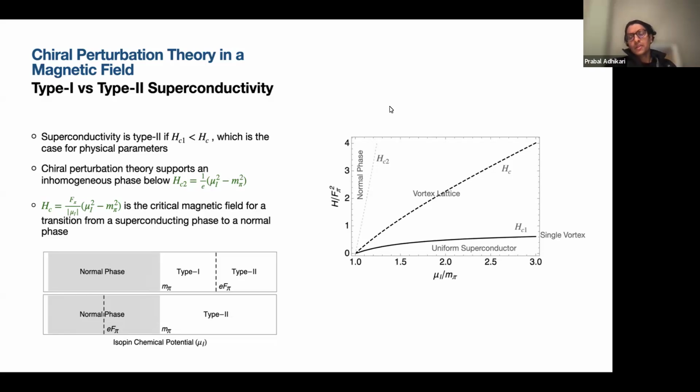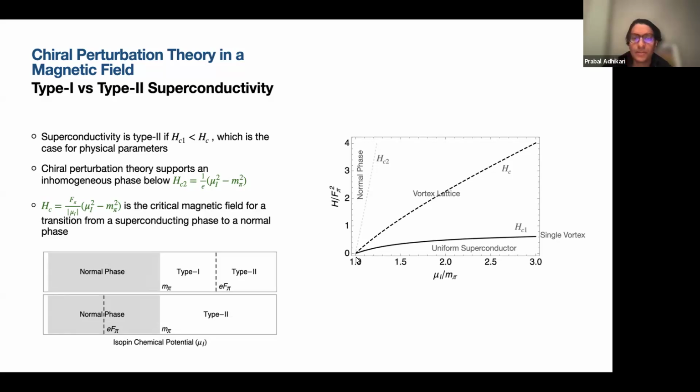So on the right here is a plot of the actual values of HC1, HC, and HC2 in chiral perturbation theory, and I'll go through these carefully. So on the x-axis, I'm starting at mu I of m pi, so I'm in the superfluid phase, so I'm ignoring the normal phase that occurs for smaller isospin chemical potentials.